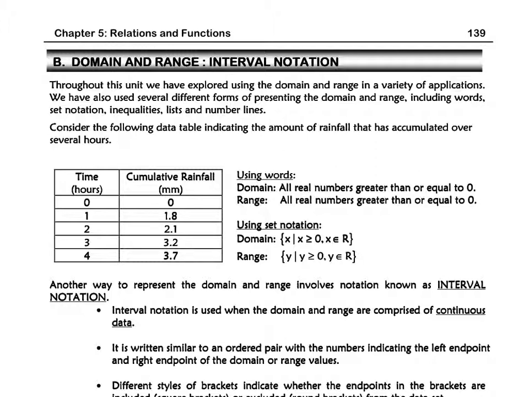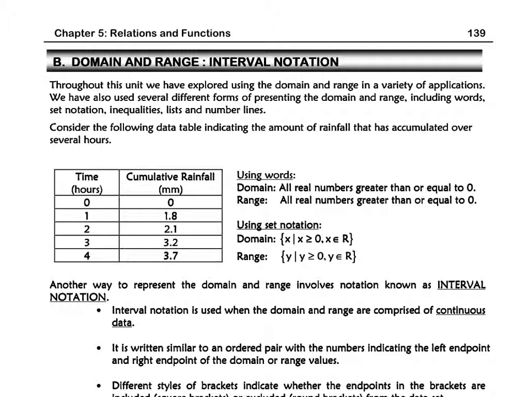So if we were to use what we call interval notation, we first need to know how to write it. It's important to note that interval notation can only be used when the domain and range are made up of continuous data. You aren't able to write it when the data is discrete.